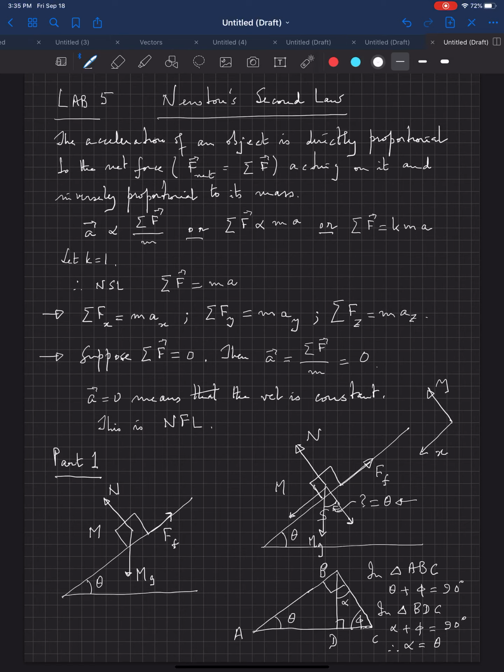Once I know that, then I know immediately that this component is mg cosine theta, and this component here, the x component, is mg sine theta. Okay? And so now, as in all the problems that you're going to be doing, you have to draw what is called the free body diagrams.